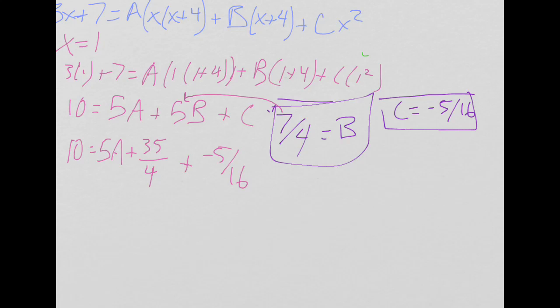How I'm going to do it is I'm going to multiply both sides of this equation by 16 to get 160 equals 5 times 16 is 80, so I'm going to get 80a plus 35 over 4 times 16 is going to get me 140 plus negative 5.